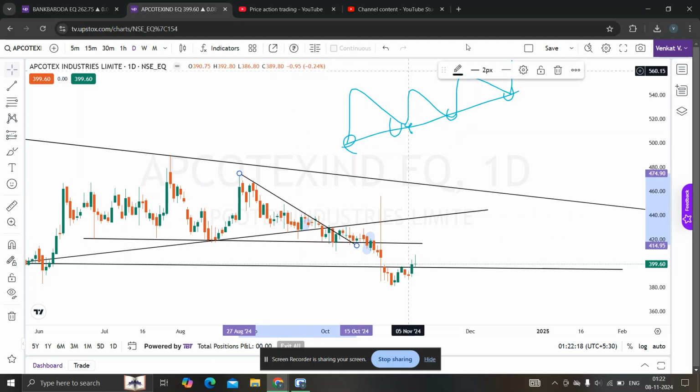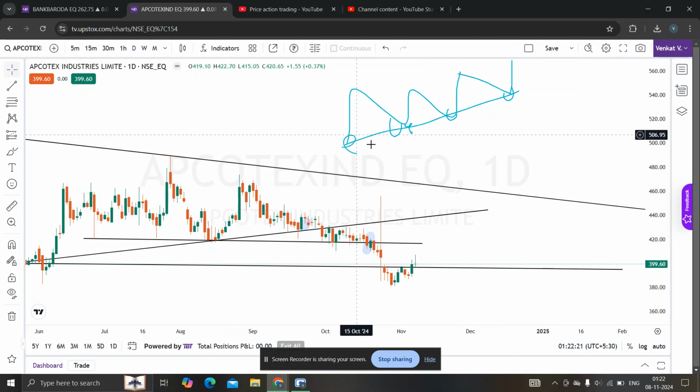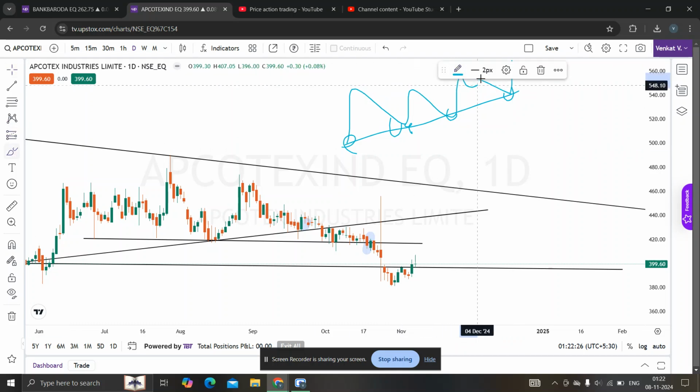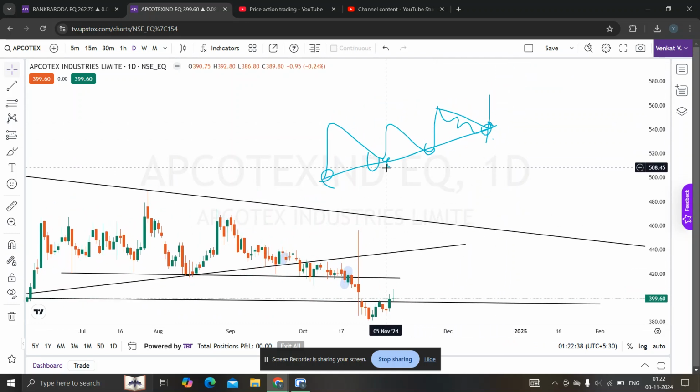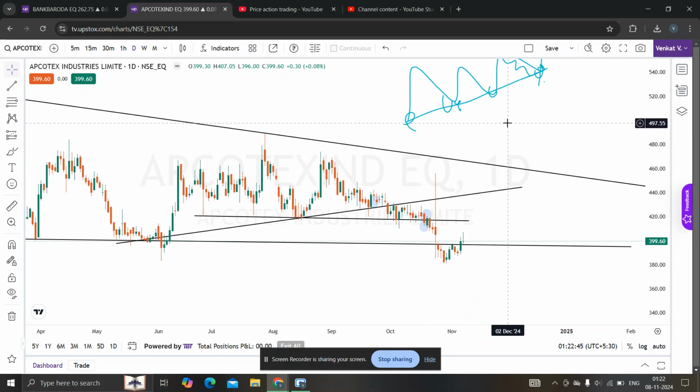So only enter if there are three touch points and there must be a pattern here. If the pattern is broken, then this confirms that it will go up. It has more probability. Three touch points and a pattern breakout, and this has more probability and a very low risk setup.